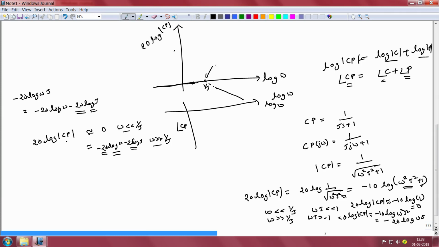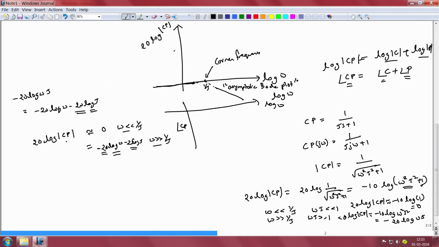The point 1 by tau is called the corner frequency, and this combination of the two straight lines is called the asymptotic Bode plot of the transfer function C times P.